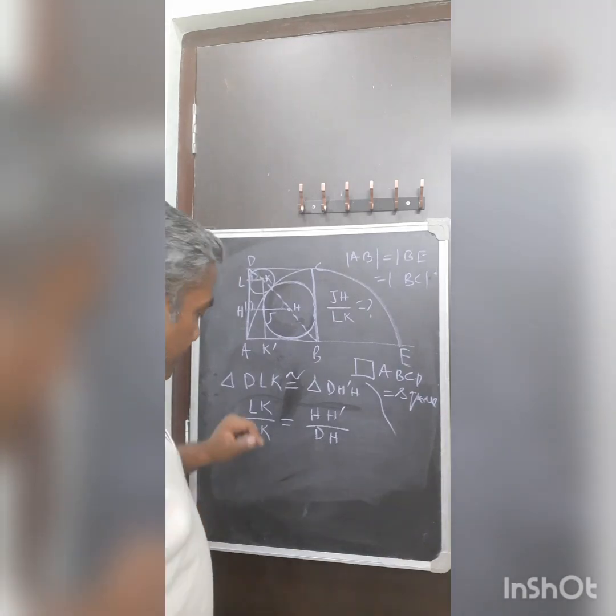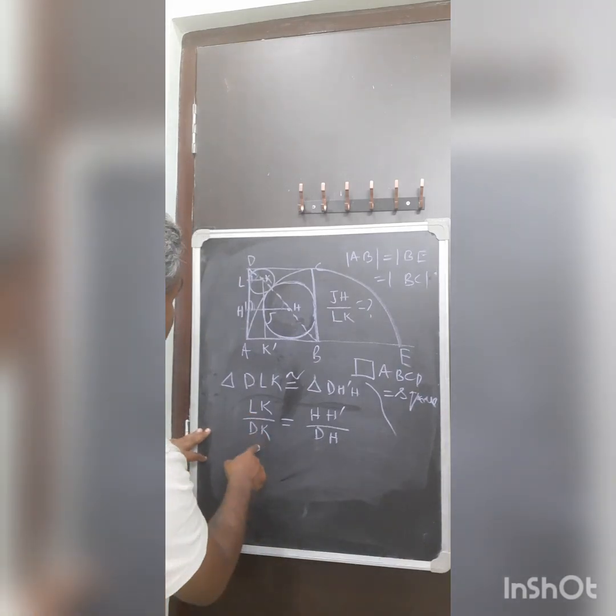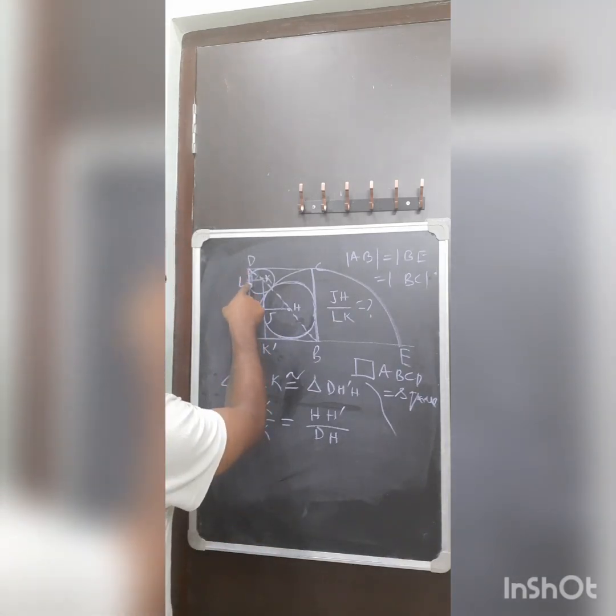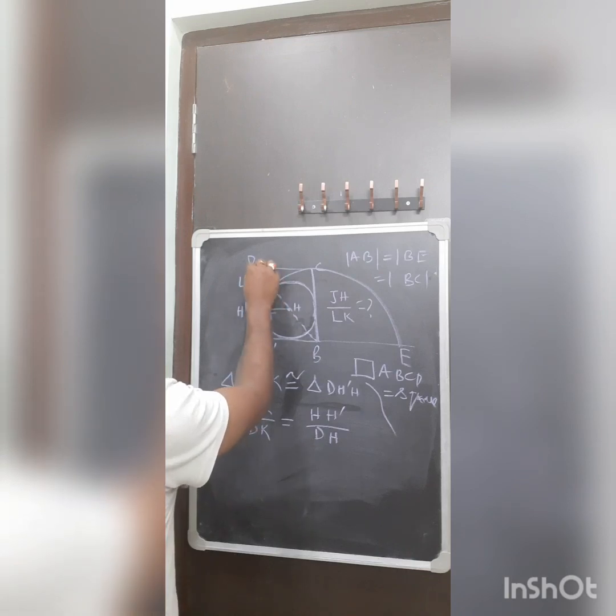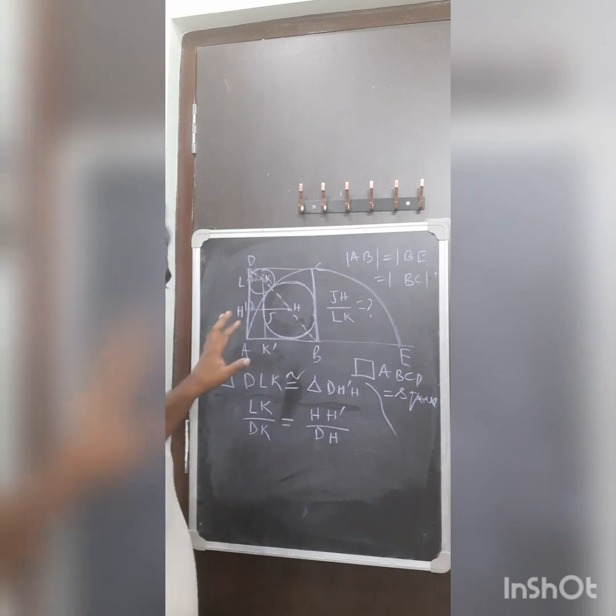Understood? Okay. Now LK upon DK. What is LK and DK? If I take this part, this is a square, because this is touching the circle, and if I draw it, it is a radius again. This is a radius, so this is a small square where DK is the diagonal.